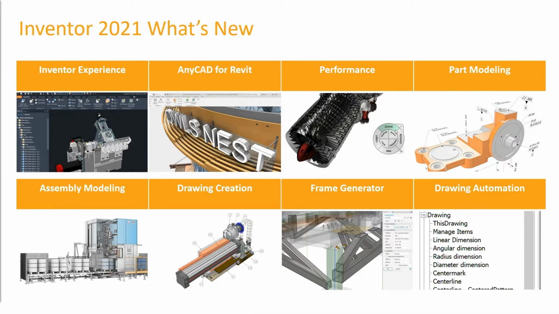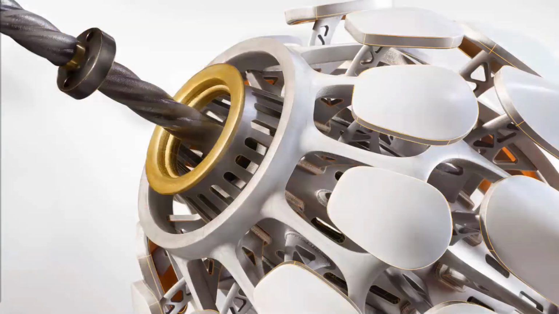And the frame generator has been given a little bit of an improvement with new user interface, editing tools, and document control for structural members, and the updates to the drawing automation side of things with the drawing creation with iLogic. So let's have a quick brief overview about what's happening this year.